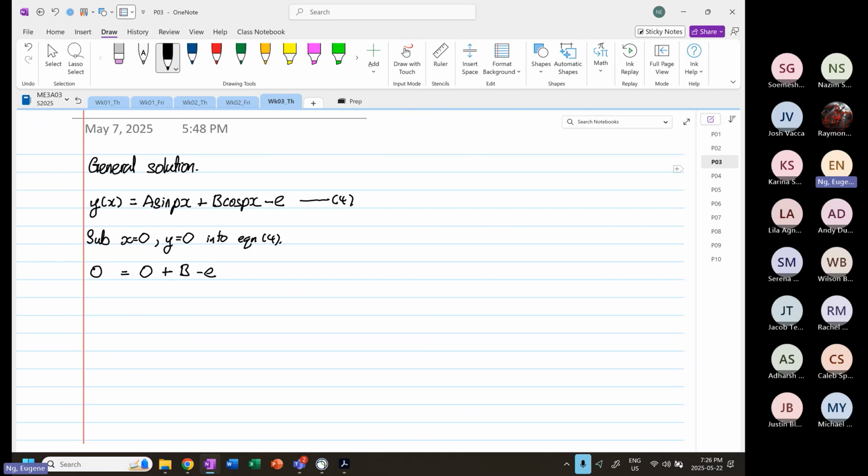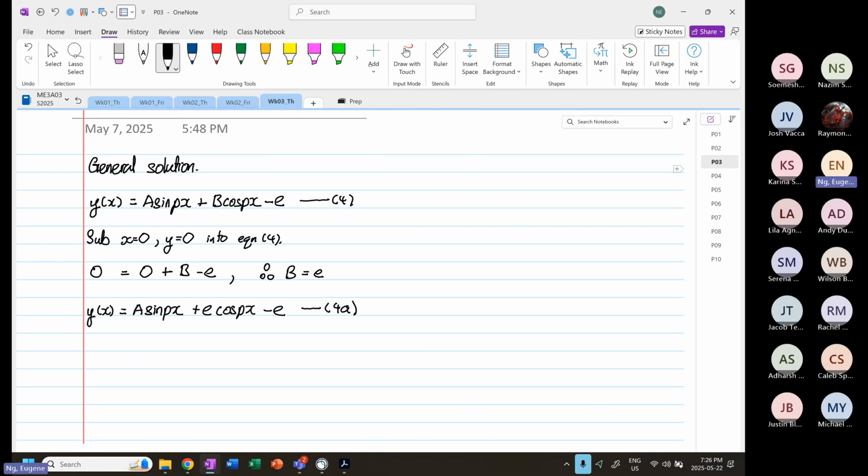Therefore, the constant B is equal to e. So then we write y as a function of x is equal to A sin px plus e cos px minus e, and this I will call equation 4a because it's derived from equation 4.